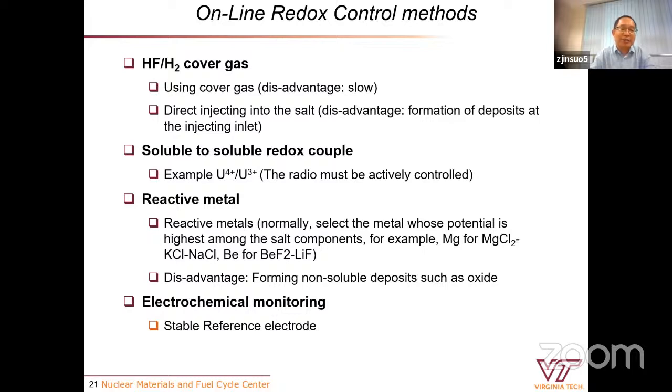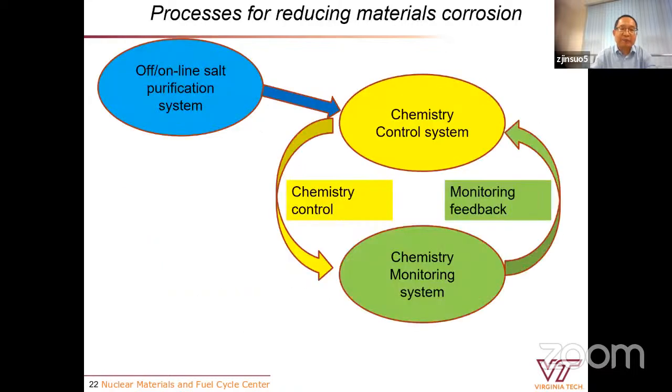You can also monitor your redox potential by electrochemical methods. One issue we are facing is how we can get stable reference electrodes for this electrochemical monitoring. So this is just a drawing to show what system you need if you want to get your molten salt reactor chemistry controlled.